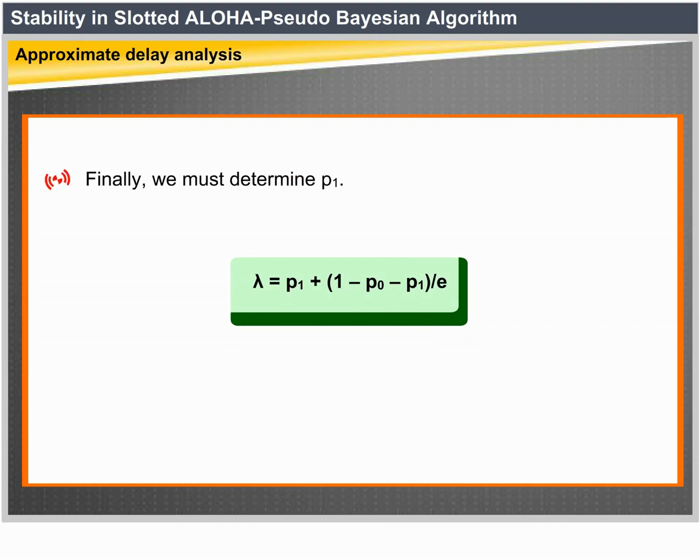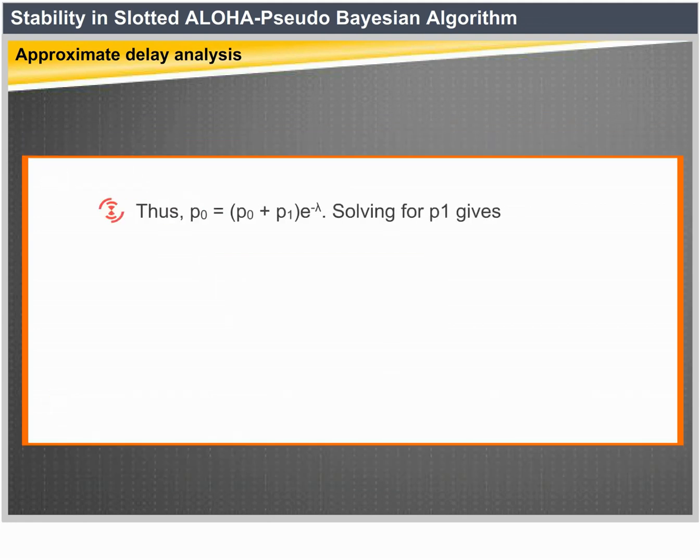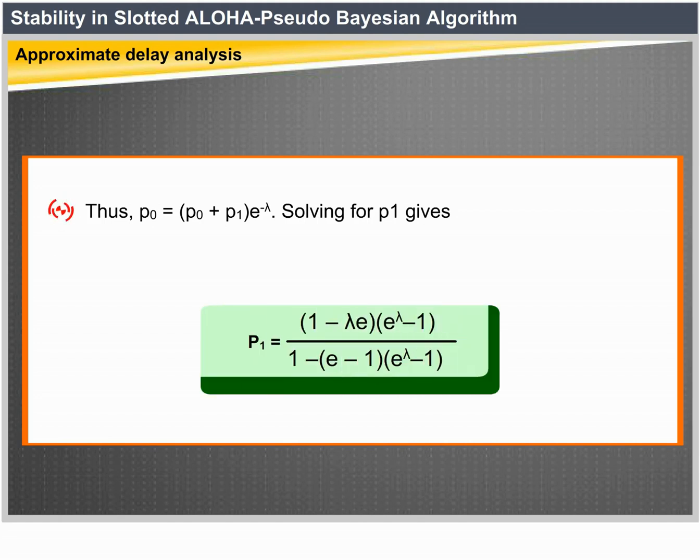State 0 can be entered at a slot boundary only if no arrivals occurred in the previous slot and the previous state was 0 or 1. Thus, P0 is equal to (P0 plus P1) e to the power minus lambda. Solving for P1 gives P1 is equal to (1 minus lambda) into (e to the power lambda minus 1) divided by (1 minus (e minus 1) into (e to the power lambda minus 1)).